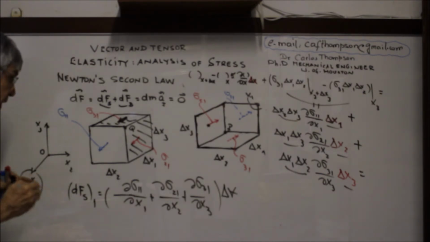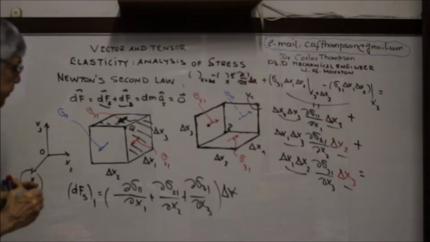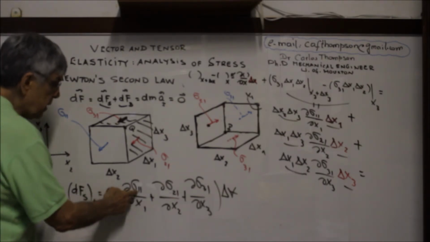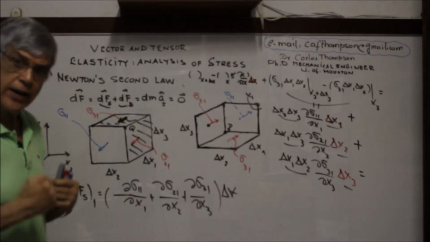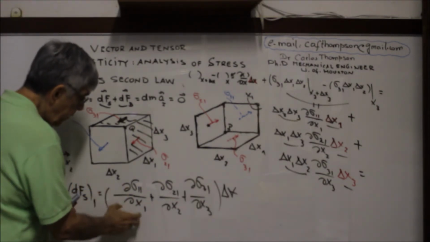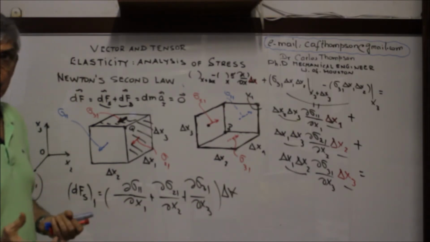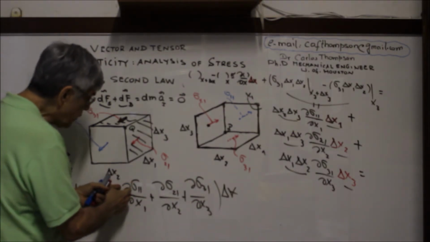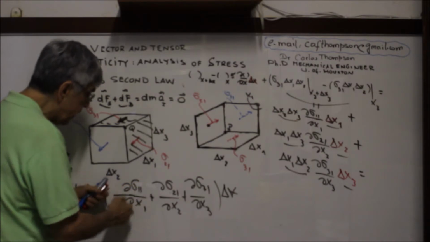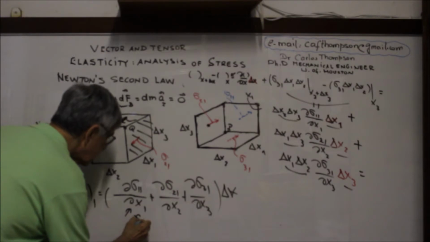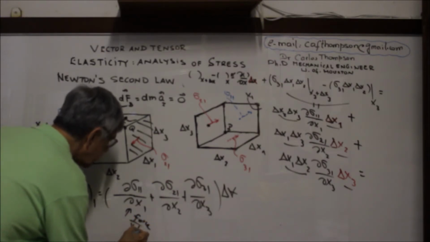Now, you can see an interesting remark. Sigma is force by area. The variation of x1 is length. So, the partial derivative of sigma with respect to x is force by volume.